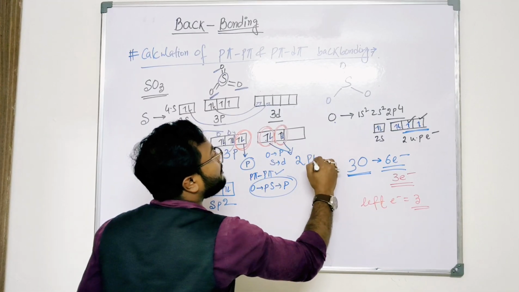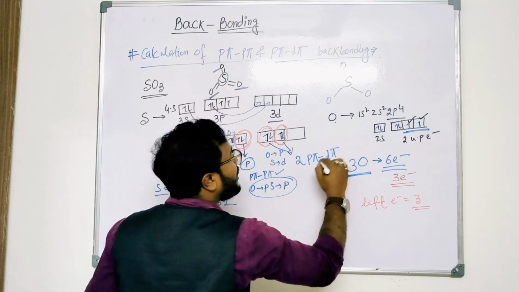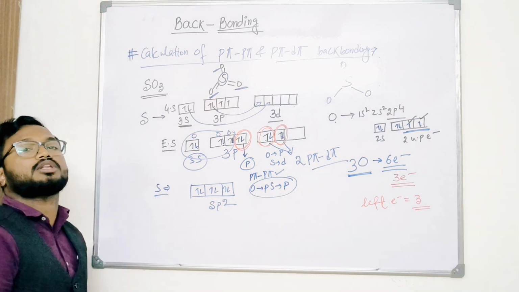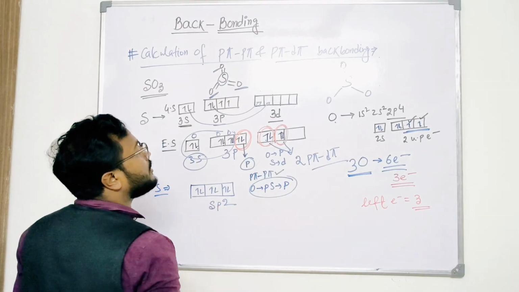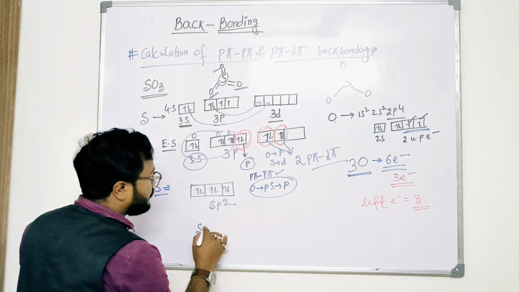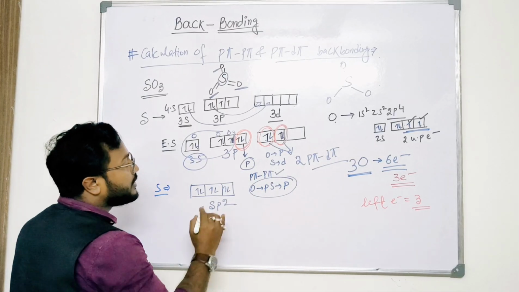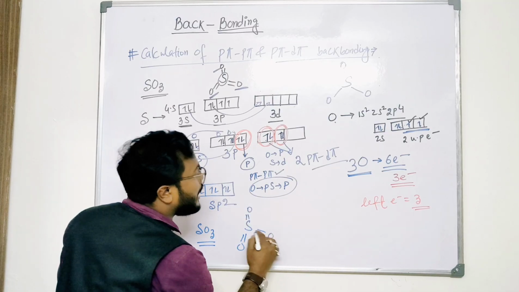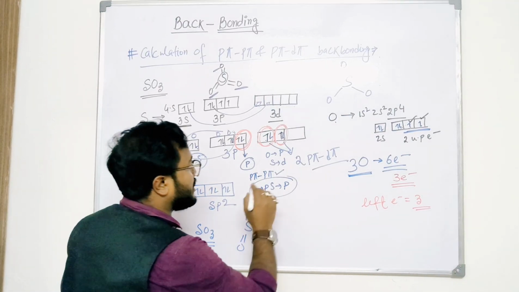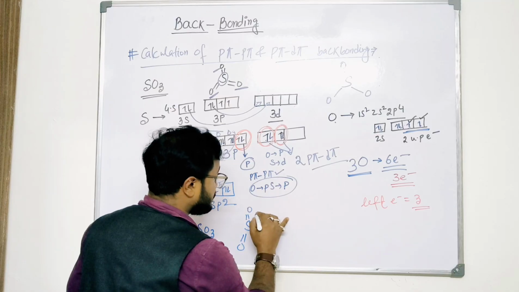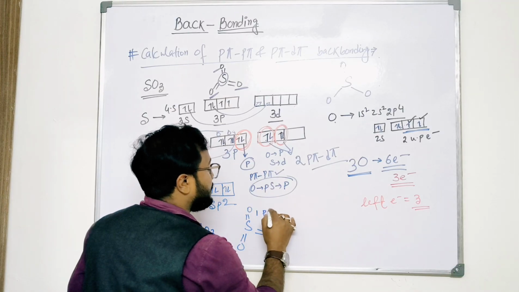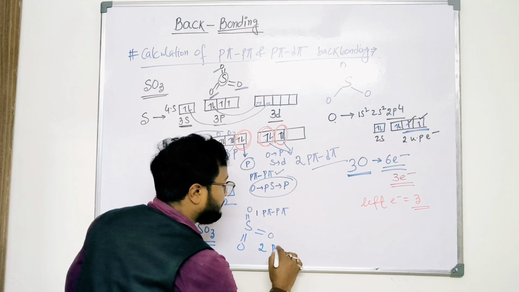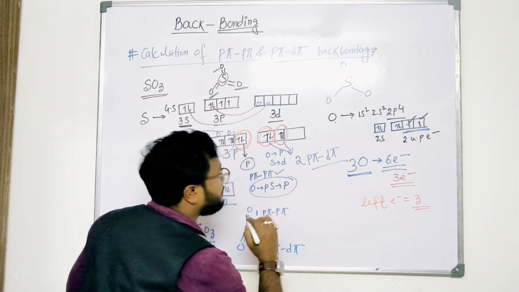So 2 p pi d pi bonds are formed. So whenever you are taking the SO3 molecule, S double bond O and double bond O, in this case 1 p pi and 2 p pi d pi bonds are present.